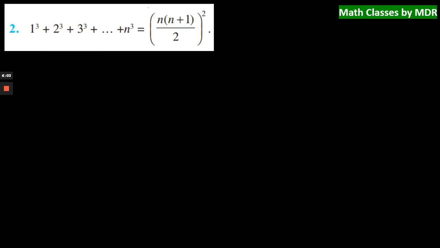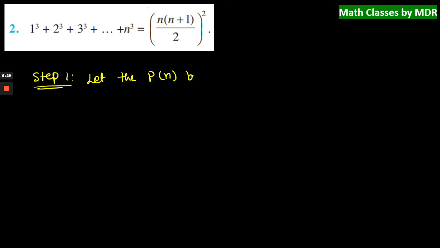Now let us start with the next question. This is the sum of the cubes of the first n natural numbers, equal to n into n plus 1 by 2 whole square, right? Let us see that. As usual, we take step 1. What is step 1? Let the given statement be p of n.